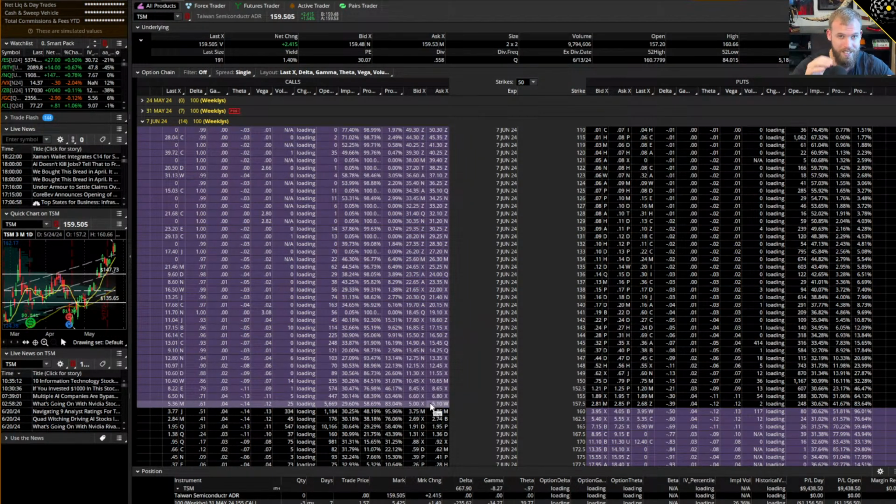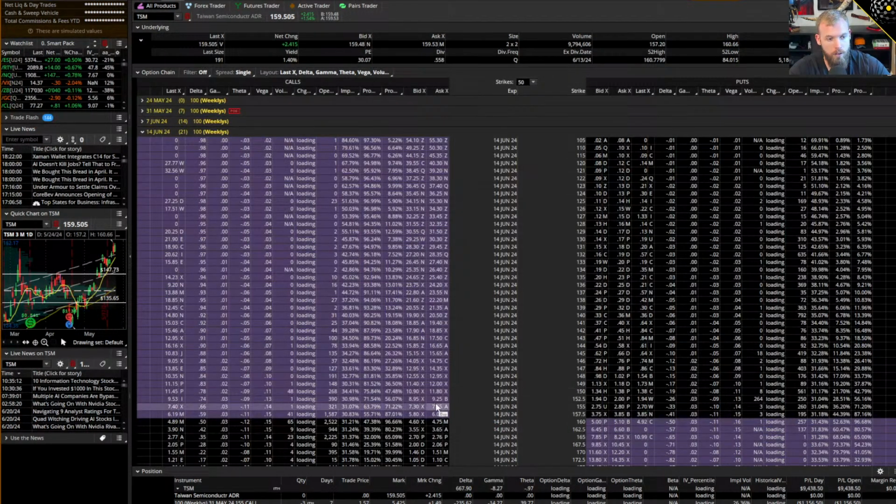You can roll for a slight debit if you want, but again, keeping it a little more simple. If I go out 2 weeks, I know I can get to the 157.5s, give myself $2.50 of upside change, which is really important because that gives me greater capital gains profit potential. And I would collect a small credit.